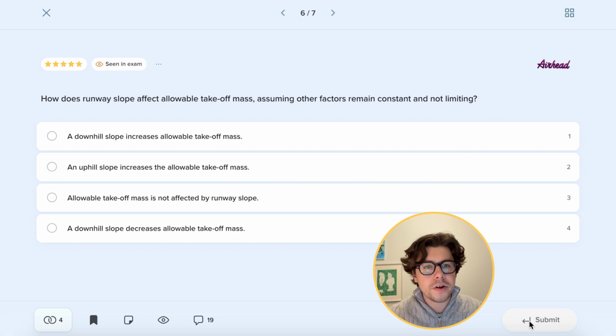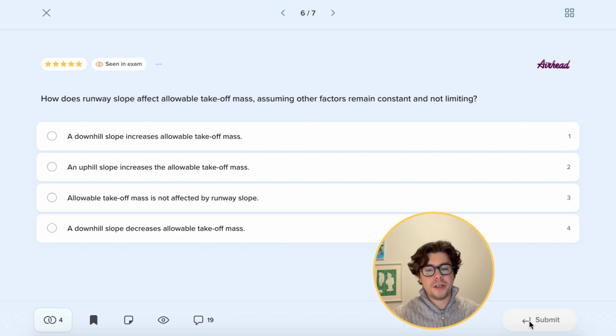However, the key consideration here is, okay, we know that we're taking off with an uphill or downhill slope, and the big question is whether it will be easier to accelerate or more difficult to stop. If you're taking off on a downhill runway, then of course it will help you with acceleration. However, it will hinder you from stopping. So now the question is, which one is more affecting?